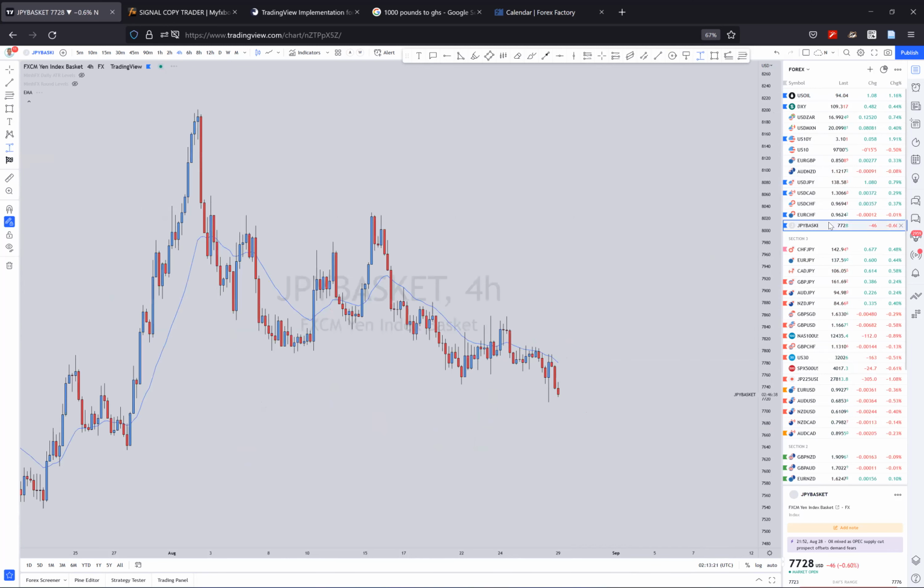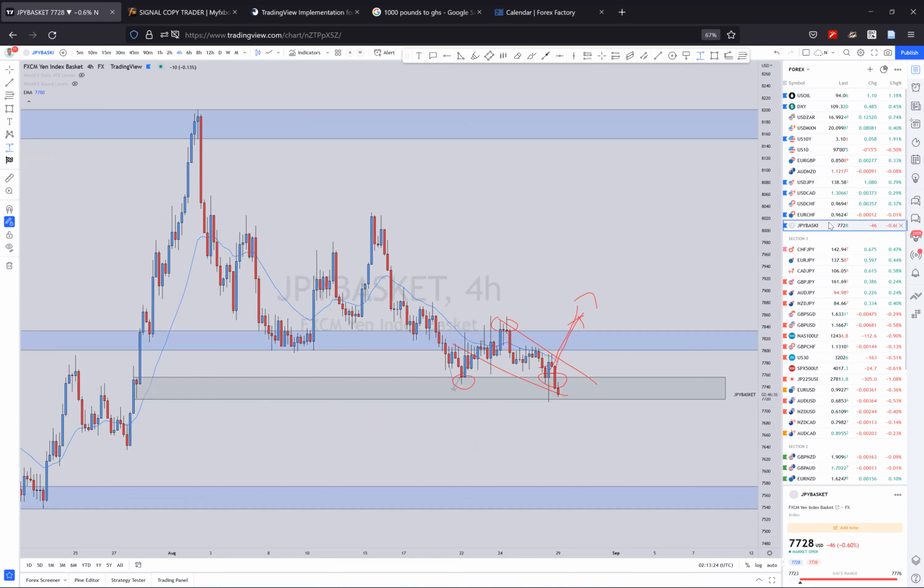Finally, let's look at the JPY basket. It tried to break up around here and then broke below here. Price is currently sitting in the H4 liquidity.